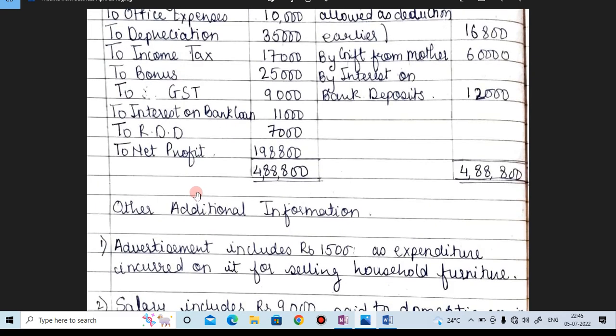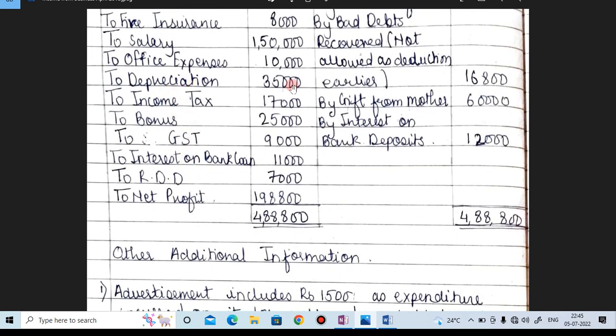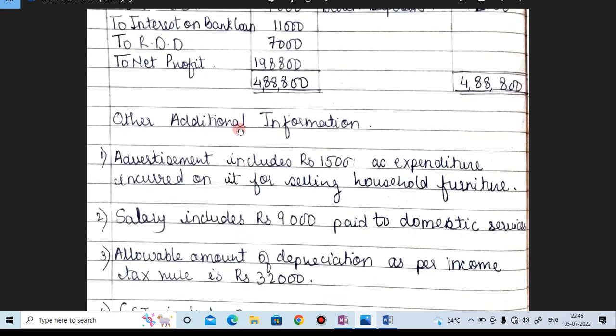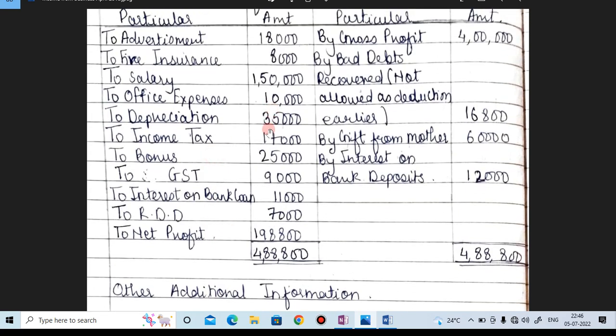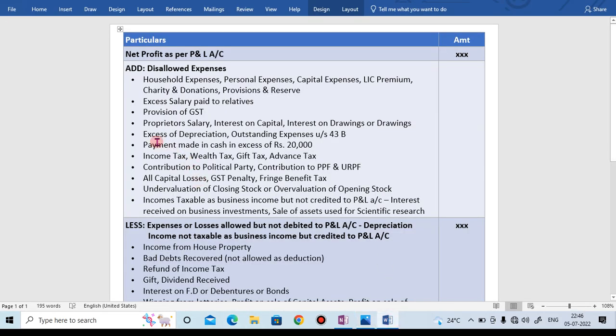In the P&L account, depreciation is 35,000 and income tax has allowed depreciation of rupees 32,000 only. So 32,000 is allowed and in the P&L account 35,000 is there. That means excess of depreciation is there.